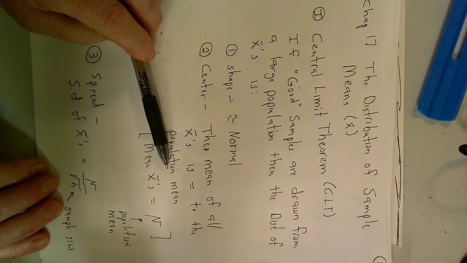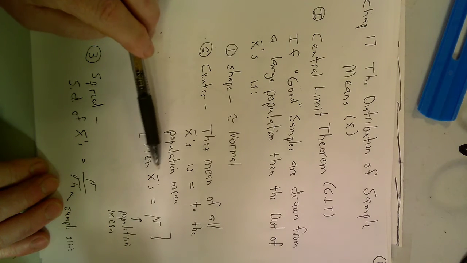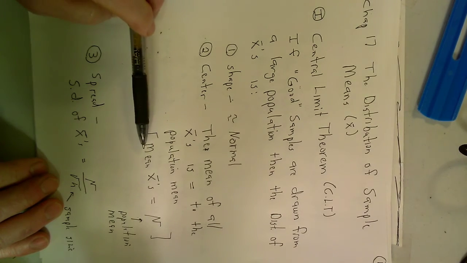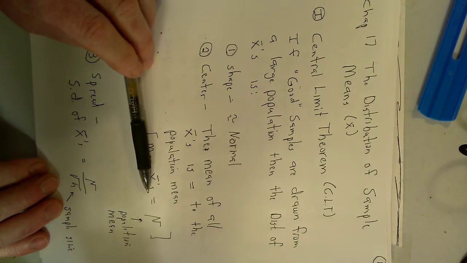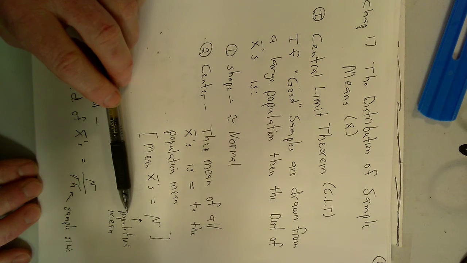So if we took our penny samples, took all those averages from our samples, and found their average, it would be equal to the population average. So the mean of the X bars is equal to the population mean.